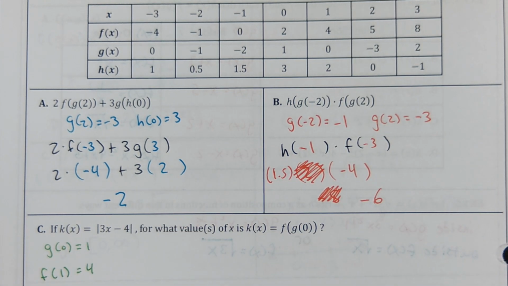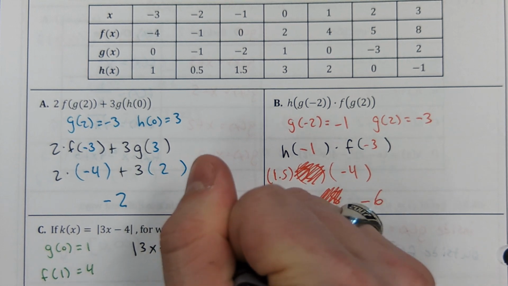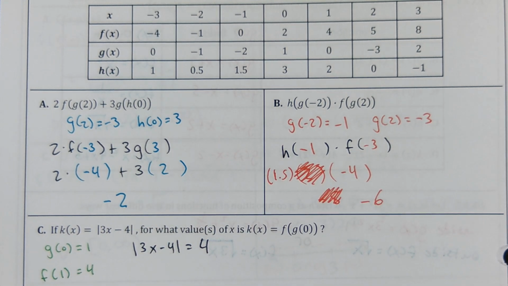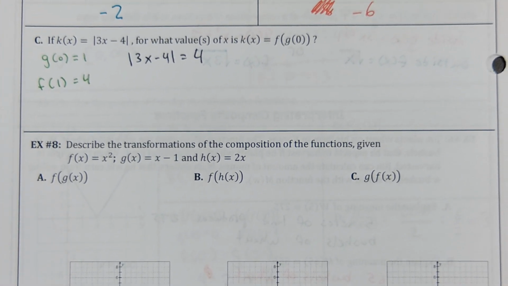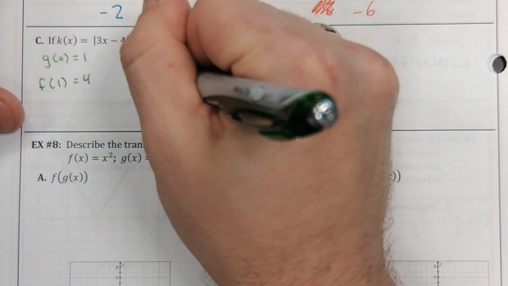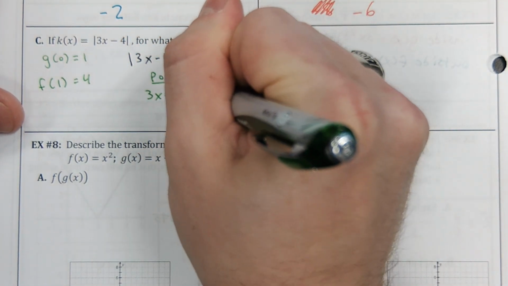What we're trying to figure out is where the absolute value of 3x minus 4 equals 4. We're done with that table now. And if you can remember all the way back to Algebra 1 days, when you're solving an absolute value equation, you have a positive case and a negative case. The positive case says drop the bars and solve for x.